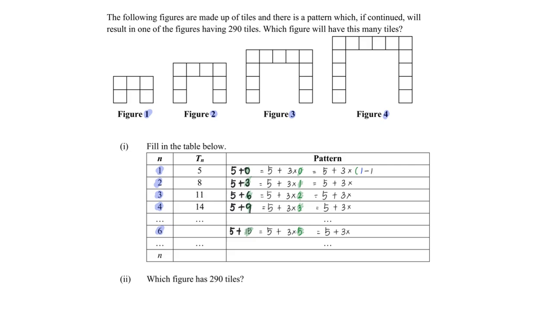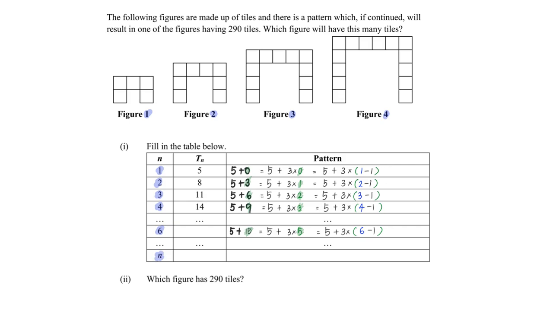Instead of writing 1, I'm going to write 2 minus 1. So by now you can see the pattern already, I hope. We always minus 1 from the n.